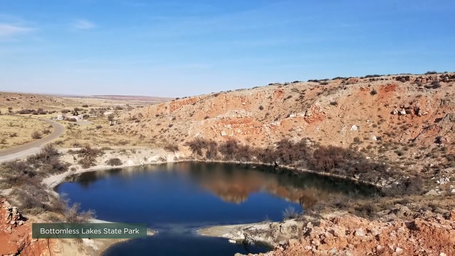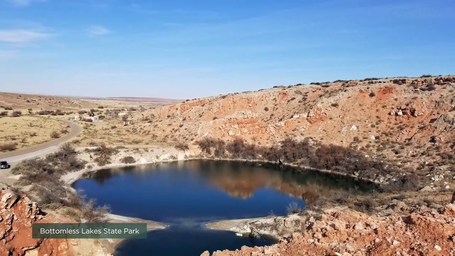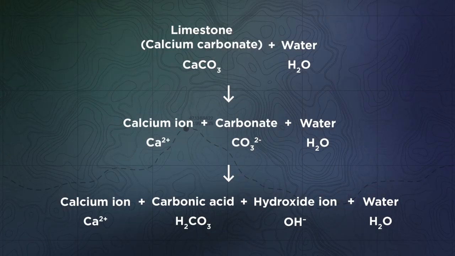But because limestone is the most common soluble rock, when you talk or hear about karst, frequently what you're referring to is limestone landforms. The solution of limestone is a straightforward process. In the presence of water, the calcium ion disassociates from the carbonate ion.